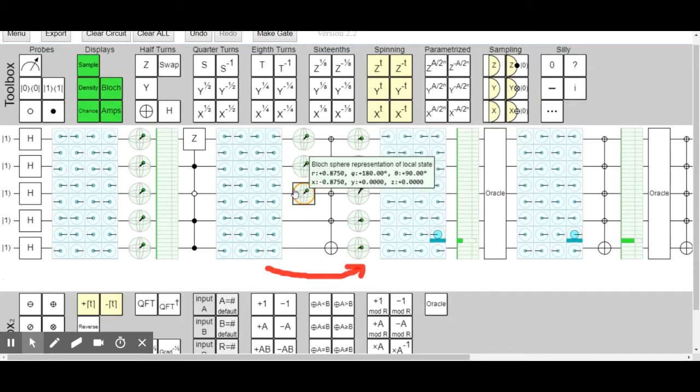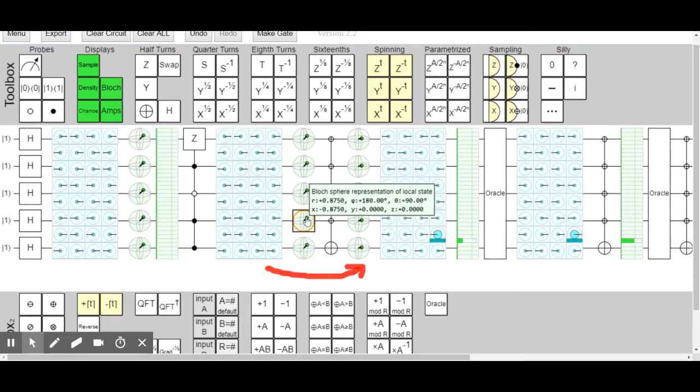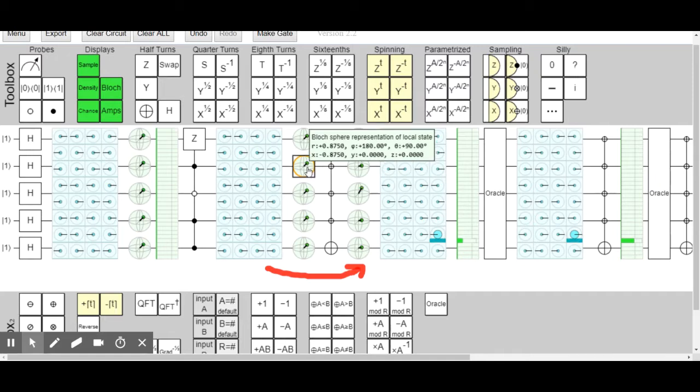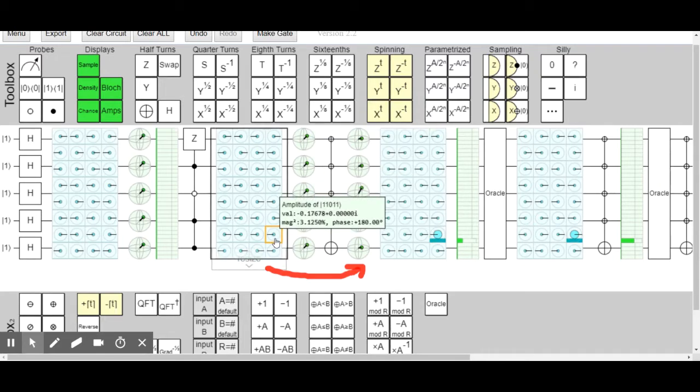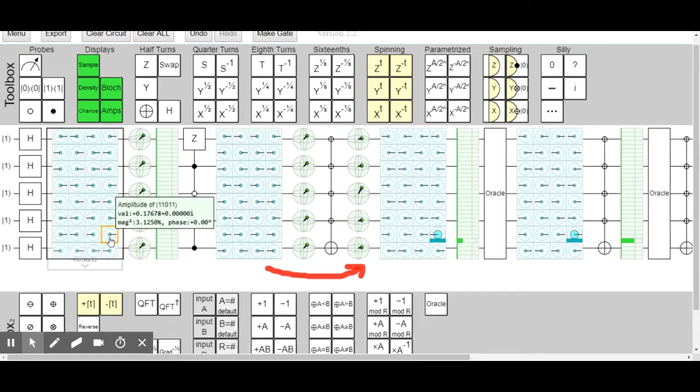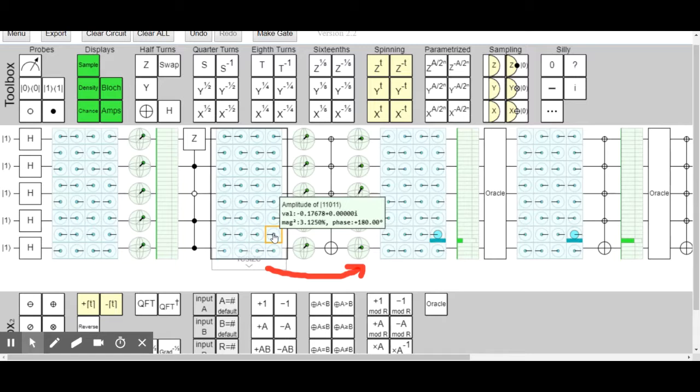Does anything change at the qubit level? No, nothing changes at the qubit level. Nevertheless, you've got the phase of that state flipped. So here's 0 degrees and here is 180 degrees. That's the effect of this gate.